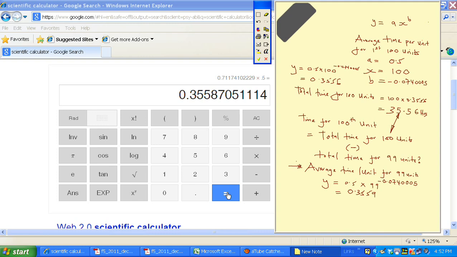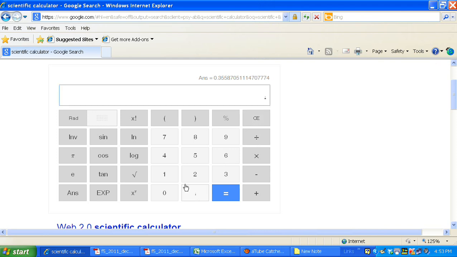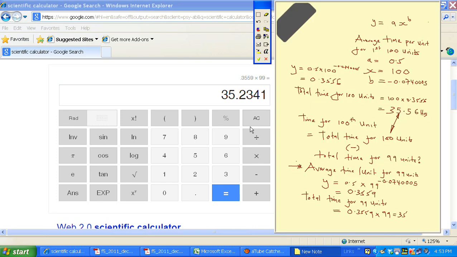That means that total time is going to be 0.3559 times 99, which gives 35.23.